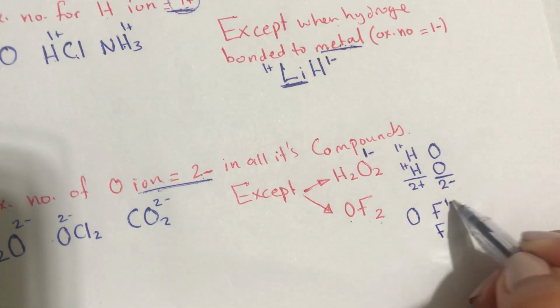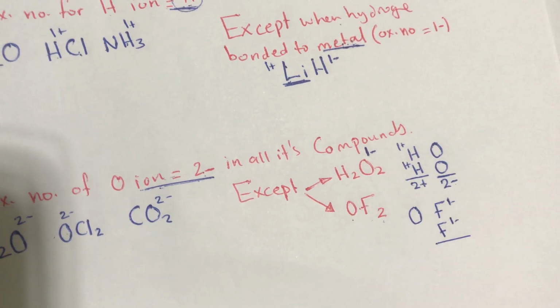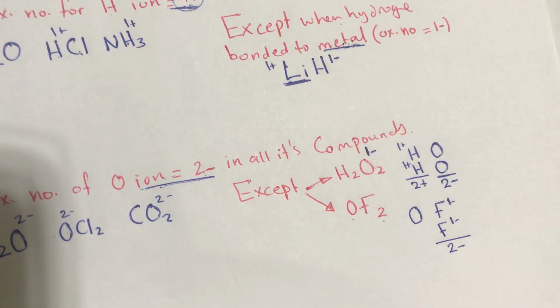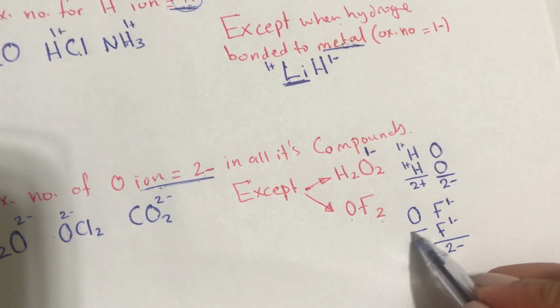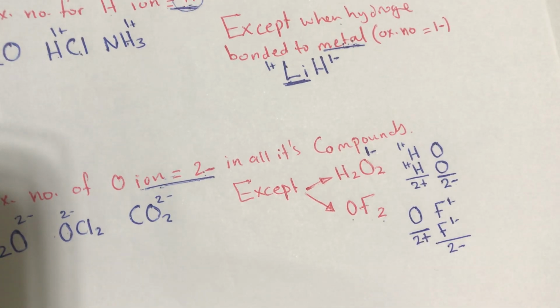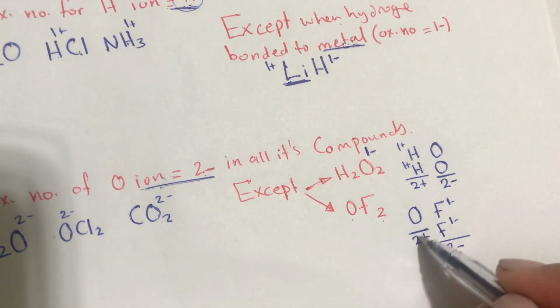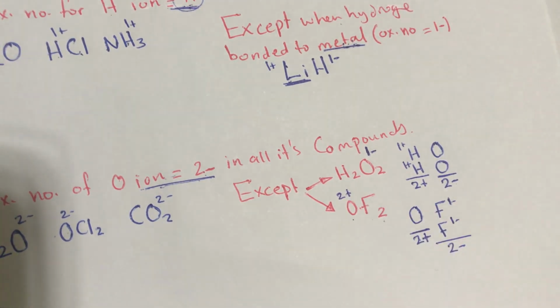So the charge is -1 for fluorine, and the total is -2. It's a neutral compound, so the total negative charge must equal the total positive charge. So here the oxidation number of oxygen is +2.